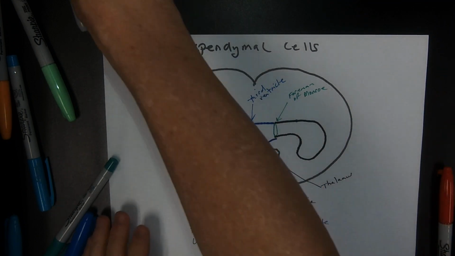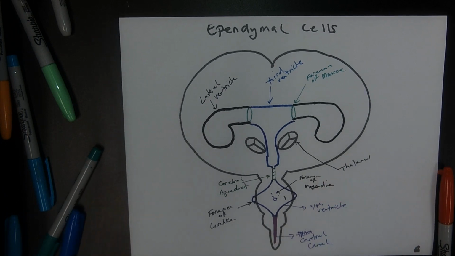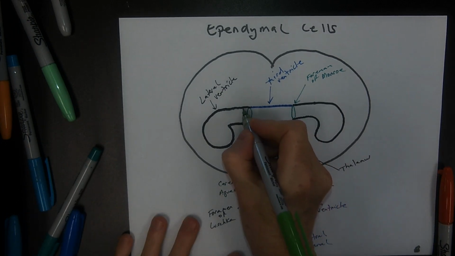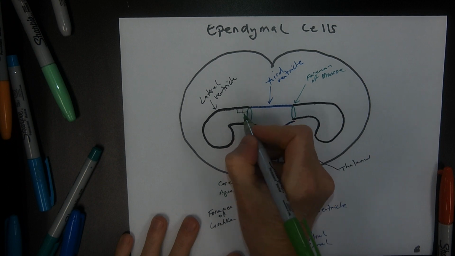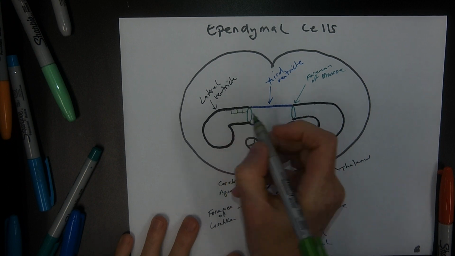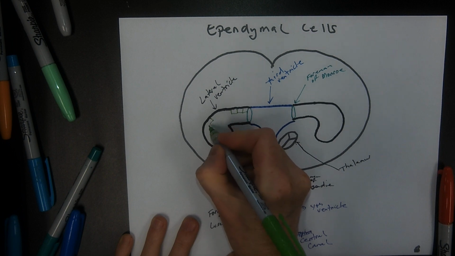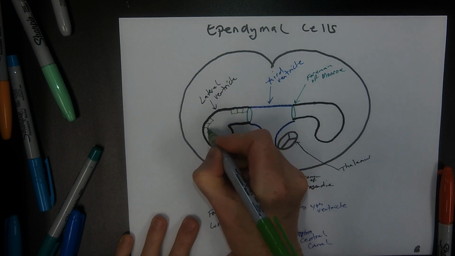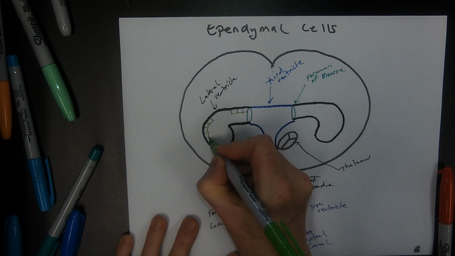Okay, what do ependymal cells have to do with this? Well, ependymal cells are nothing more than your basic columnar cell, and your ependymal cells line all of your ventricles.